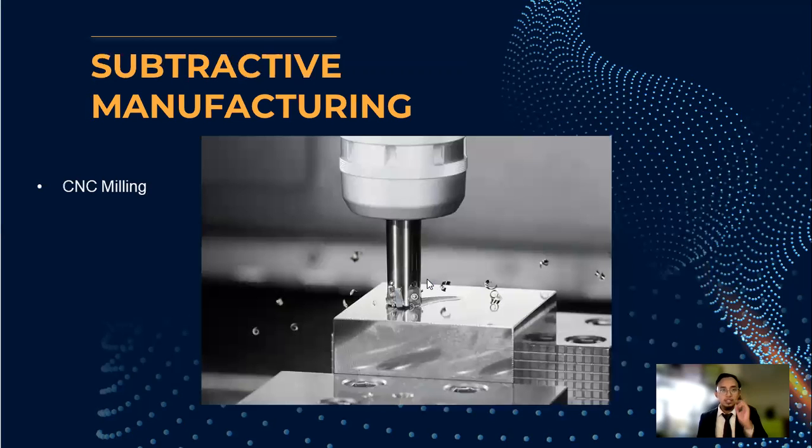Now subtractive manufacturing. This is the picture of subtractive manufacturing, which will cut the block until we get the shape that we want. Right? So this is milling, the CNC milling process.